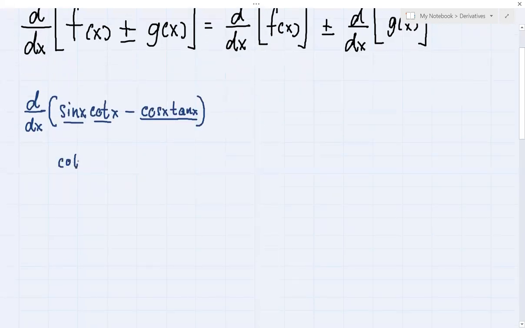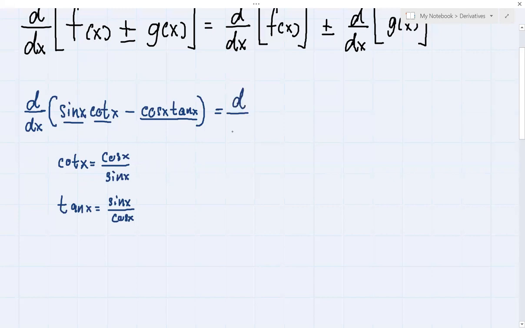Remember, cotangent x, I said this earlier, is equal to cosine x all over sine x. Right? Then tangent x is the same as sine x all over cosine x. So what will happen when we substitute cotangent x with cosine x all over sine x, and tangent x as sine x all over cosine x?